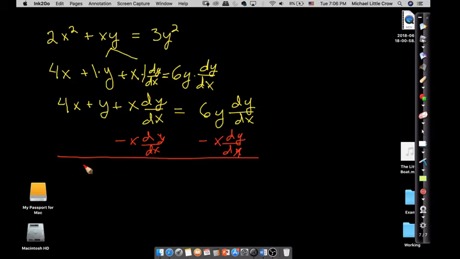So then we're left with 4x plus y. That's all that's there. This side, we've got 6y dy dx minus x dy dx. You're right, we're going to divide by the thing in front of the dy dx, but what do we need to do? How can we get dy dx to just be one thing instead of two things?